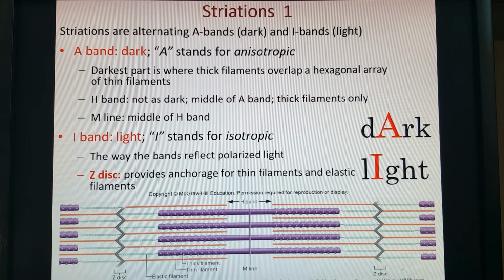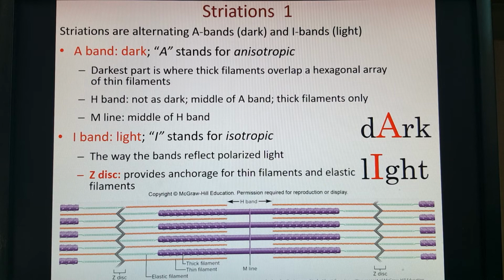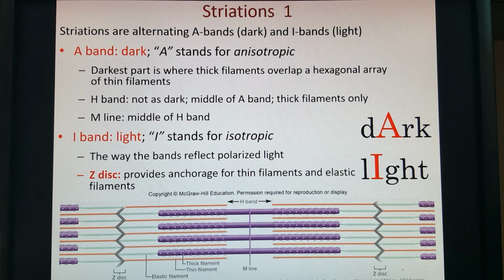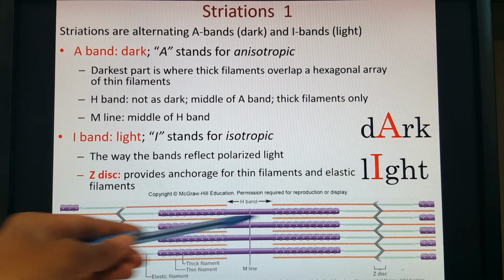Going back to our thick and thin bands. I'm going to point it out in the picture at the bottom. Our big, thick purple ones are our thick filaments.